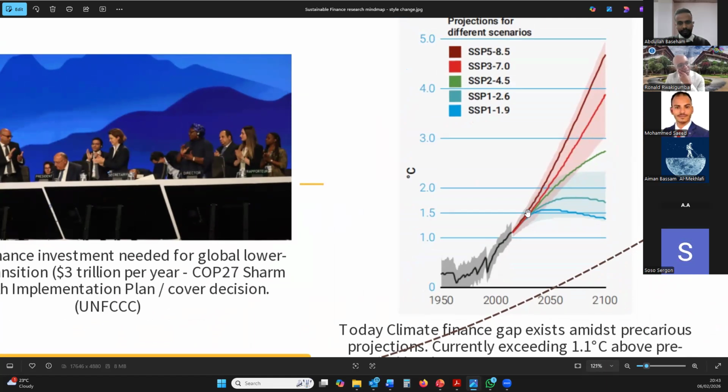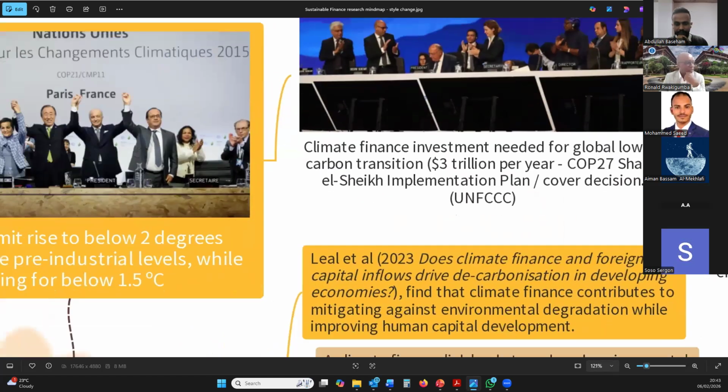I think you can see there is a blue line here, and the blue line is if we do something, if we come up with the 3 trillion, there will be a change. If we don't want to go upward and we want to keep below 2 degrees or 1.5 above pre-industrial levels, so this black shows when we were not sinners, when we were good with the environment.